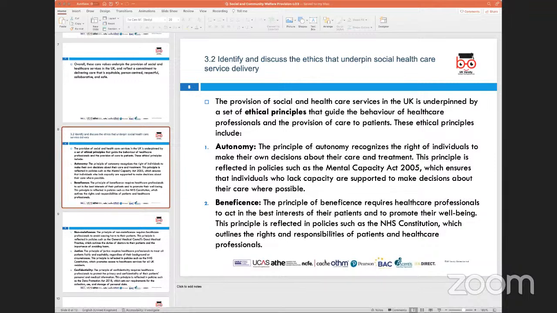One of the things we look at in the NHS values and in the NHS Constitution is that this principle is reflected in policies across the board, wherein the NHS looks very significantly at the rights and responsibilities of patients and healthcare professionals. That means the staff that work within the organization, to ensure that they are not put in harm's way when they are providing care.